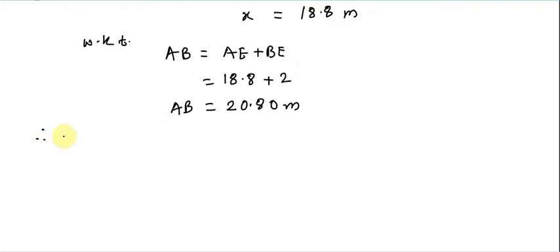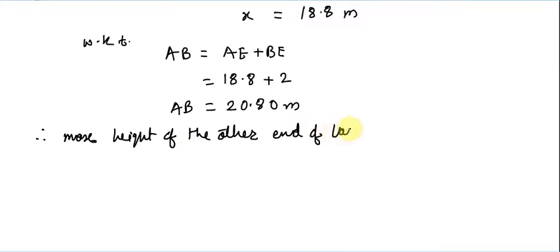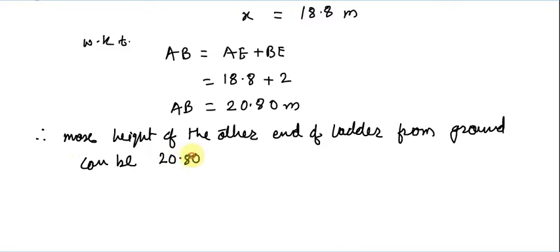Therefore we can say that the maximum height of the other end of the ladder from the ground can be 20.80 meters. So this is all about problem number 9.